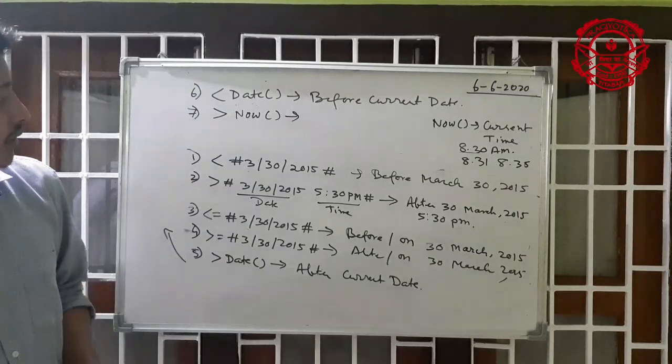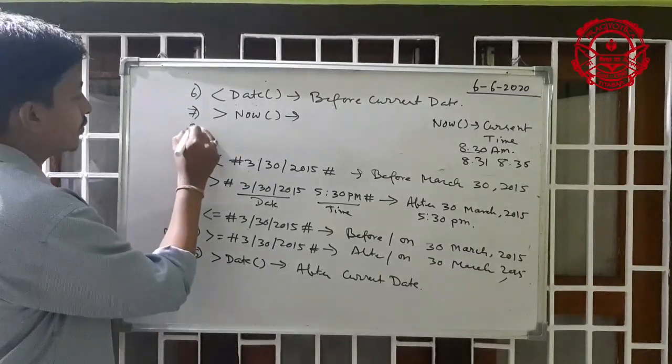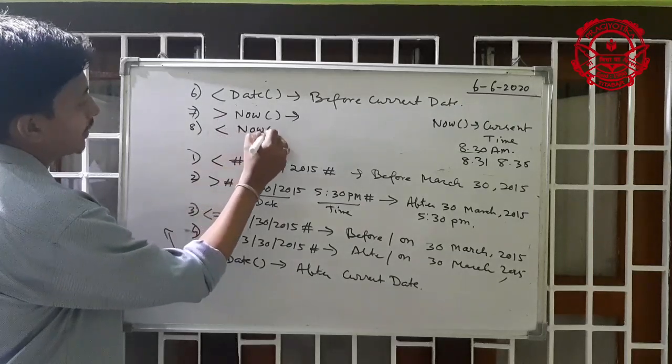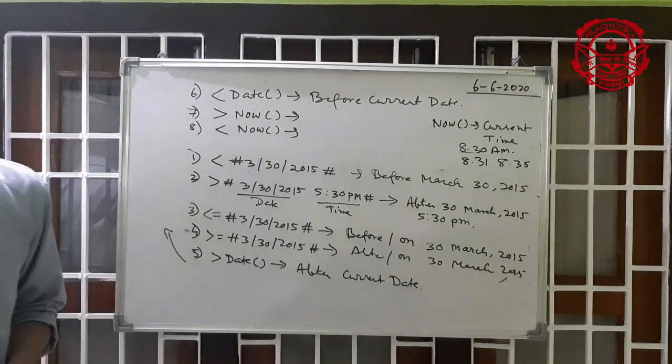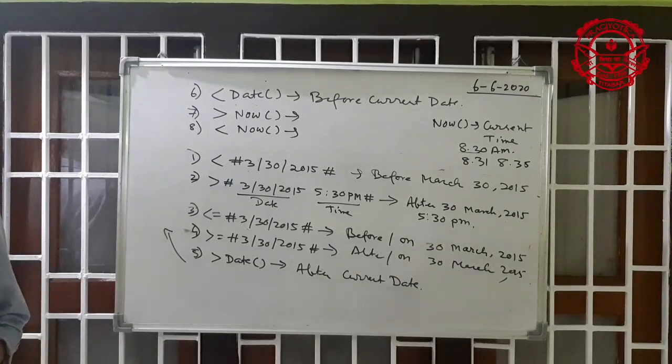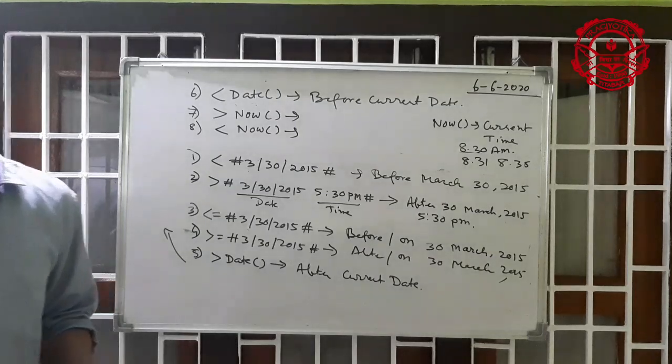The last one is less than now. Less than now means what? The date occurs today before the current time, or any day in the past.